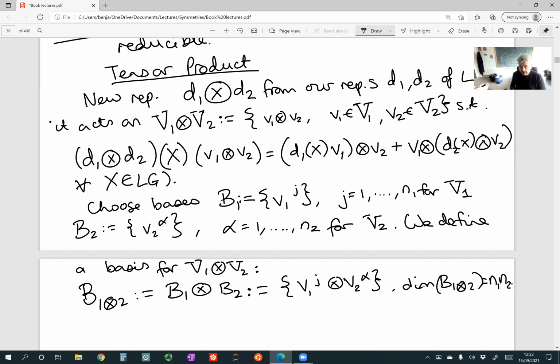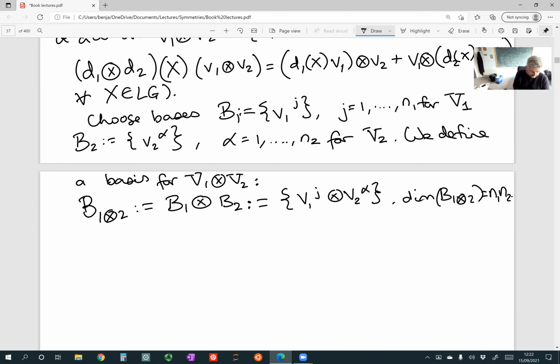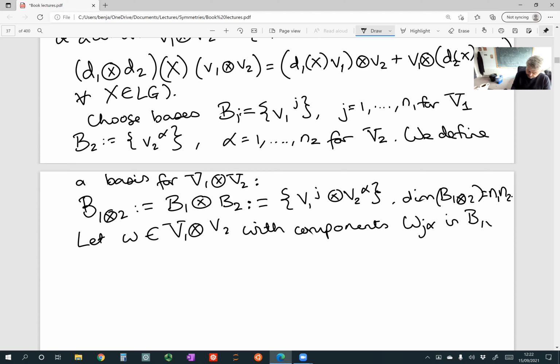All right, so let's take a vector W in this tensor product representation space V1 tensor V2, with components W_j alpha in the basis. So we can write the tensor product of the Lie algebra elements in terms of its components.